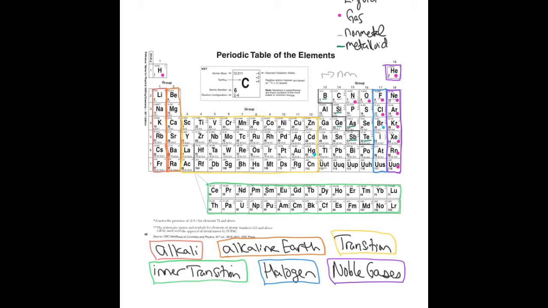Moving down to period 3, phosphorus, sulfur, chlorine, and argon. Moving down to period 4, we have selenium, bromine, and krypton. Moving down to period 5, we have iodine and xenon. Moving down to period 6, we have astatine and radon.